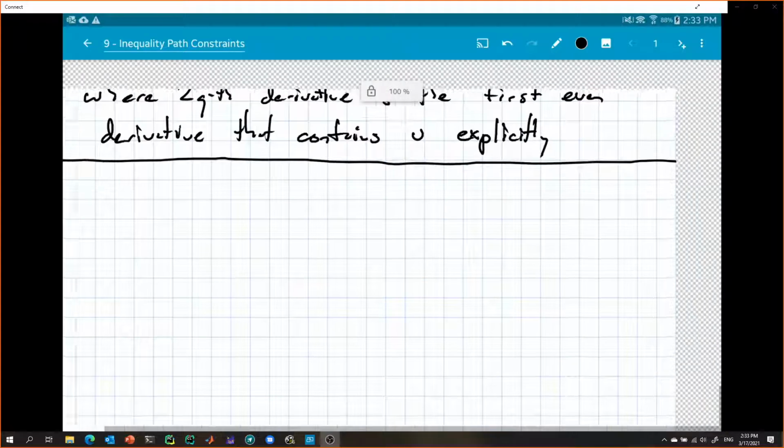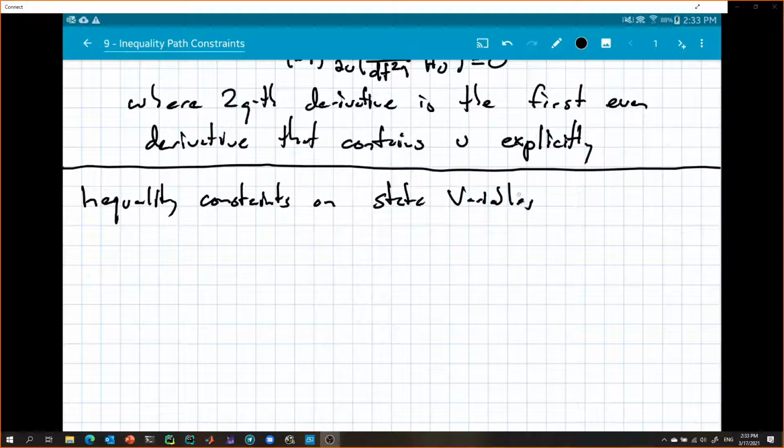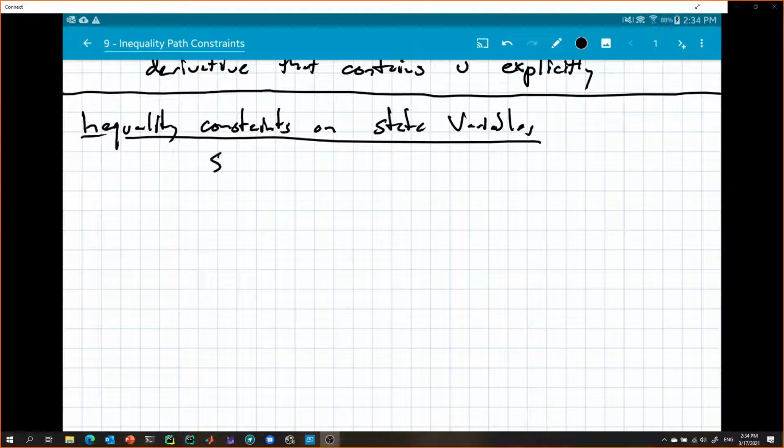So then, if there aren't any questions, I will move on to inequality constraints on state variables. So we have some S of t, x is less than or equal to 0. Note that the control does not appear explicitly.